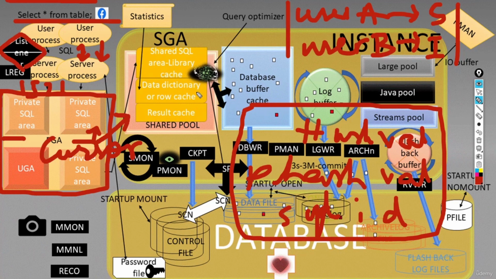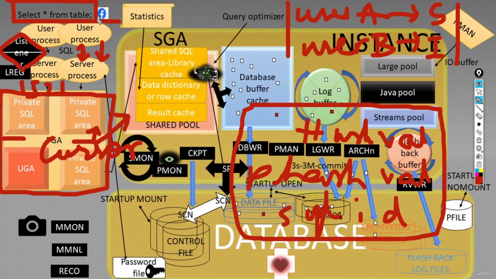So how is that SQL statement identified inside the shared pool, inside the library cache? It compares the existing hash value, plan hash value and SQL ID.